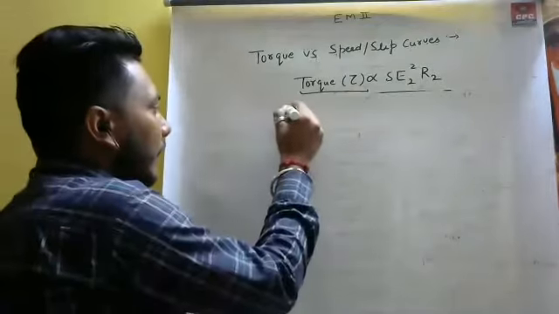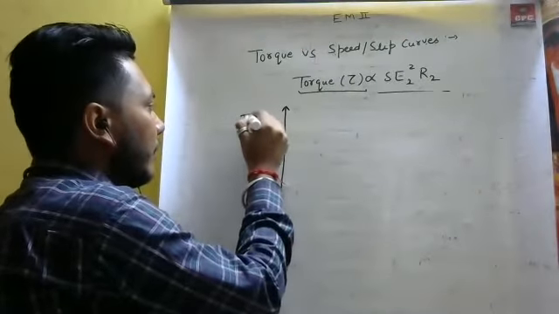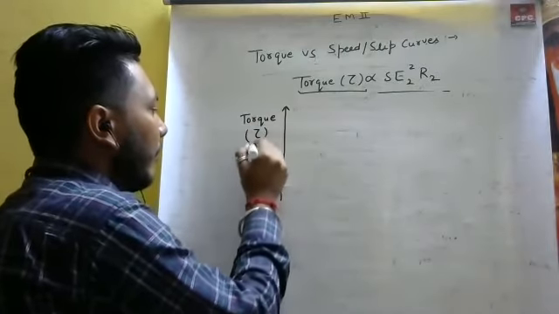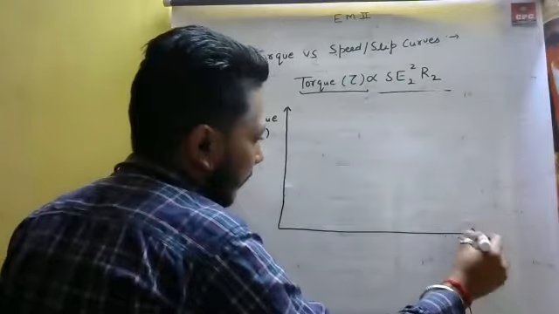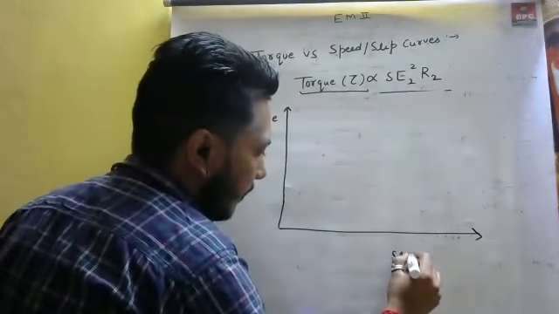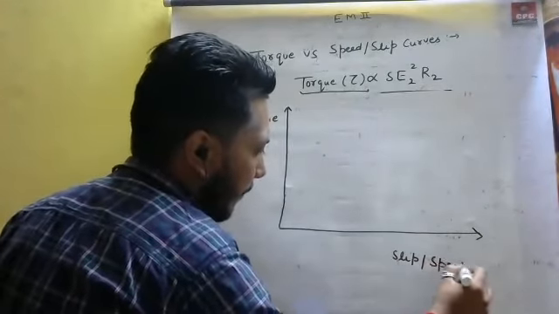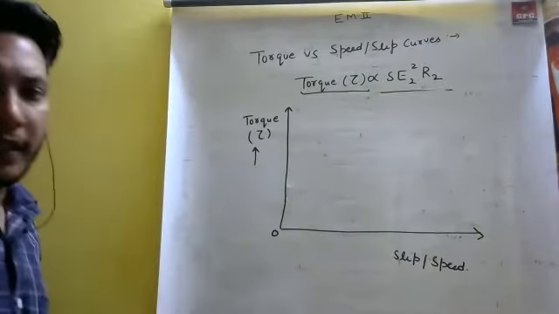First of all, this is your y-axis, this is your torque tau, and along the x-axis there is slip or speed. Here this is the origin.